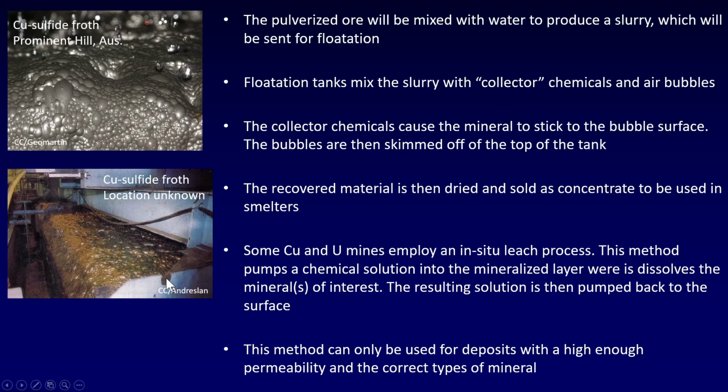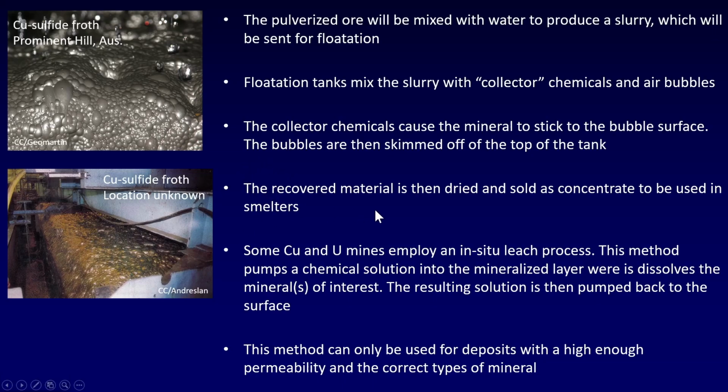The bubbles are very important because the collector chemical is going to make your mineral of interest stick to the outside of the bubbles. So as the bubbles rise up through the slurry, they take your mineralization of interest with them. Then you just let the bubbles naturally fall over the side of the tank, and you collect your now mineralization rich liquid down here, and then you can send it for processing.